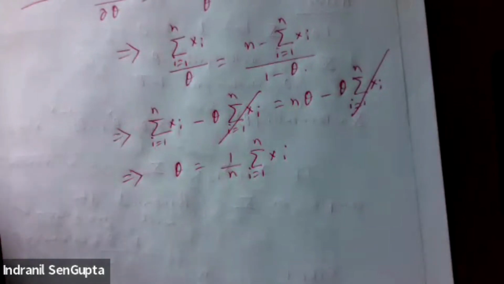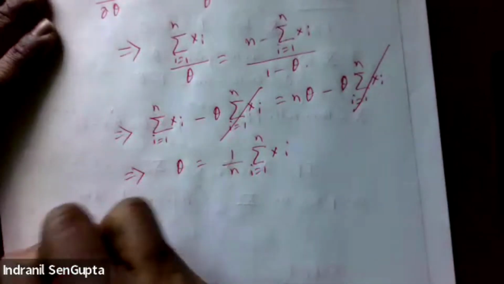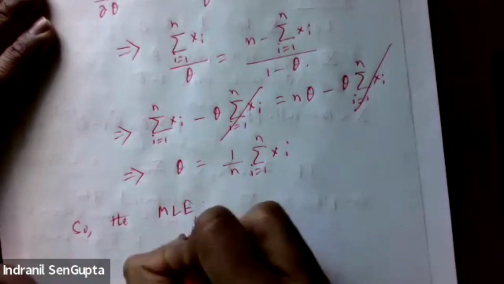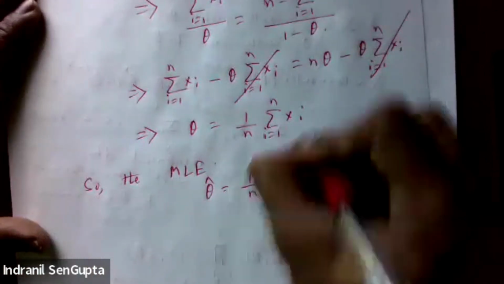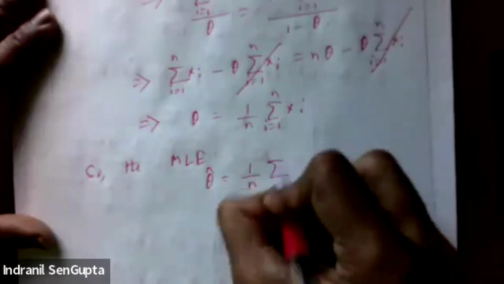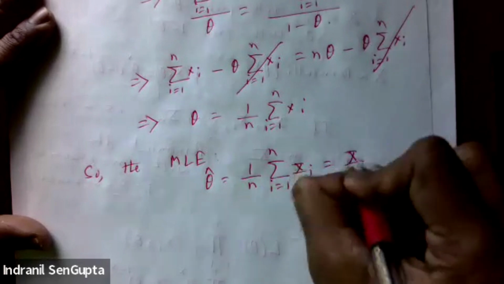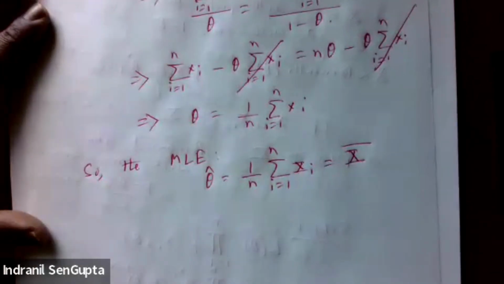Okay. So the maximum likelihood estimator theta hat is 1 over n times the summation of xi. I'll convert these little x's to big X's, and this is our old friend, the sample mean.